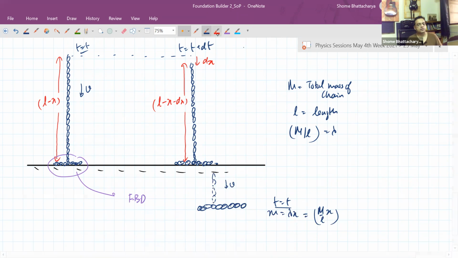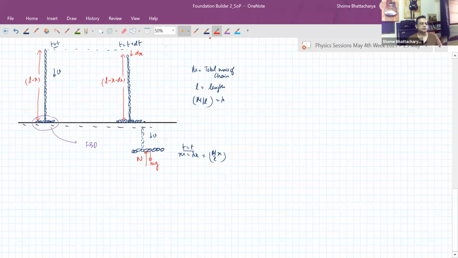Now, what are the forces acting on this portion? There is normal reaction and there is small mg into x. Now, if I look at this a moment later, that is at t equal to t plus dt, the portion on the ground, its mass has just increased a little bit.